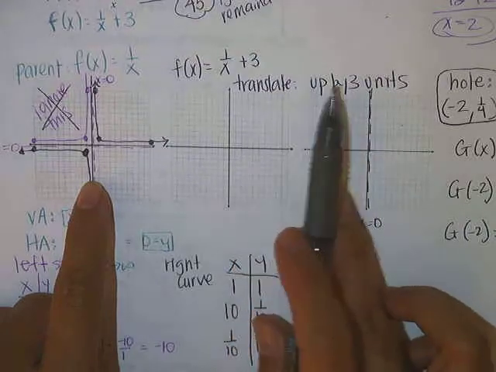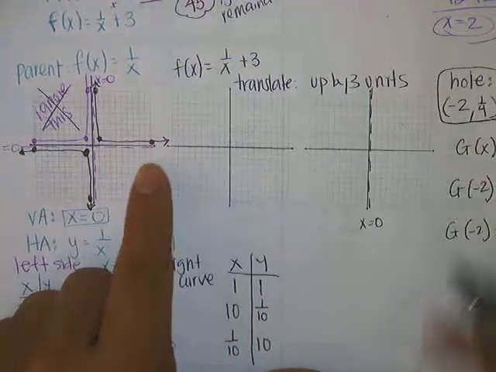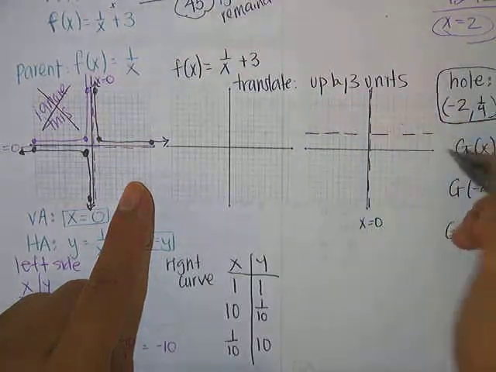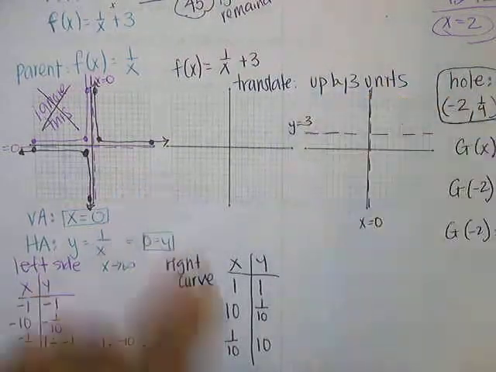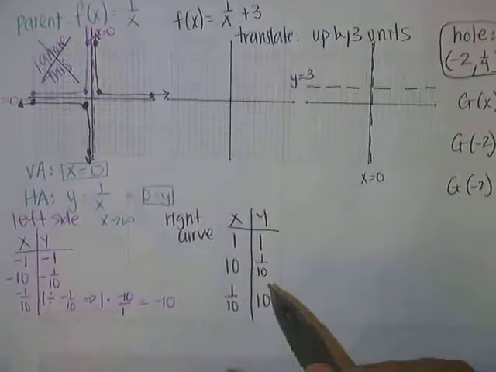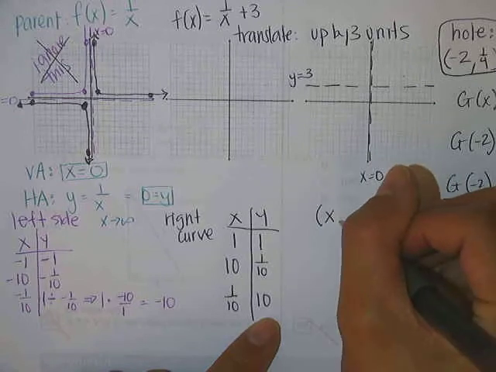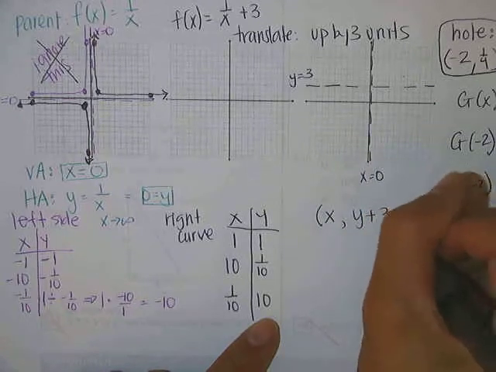So what we're going to do, up is a change in y values. So all I have to do is find anything that has a y in it, and I'm going to add 3. Okay. So first, the vertical asymptote. This is an x equals, so I'm not going to change that at all. I'm just going to skip this because I'm out of space. I'm going to go over here, okay?